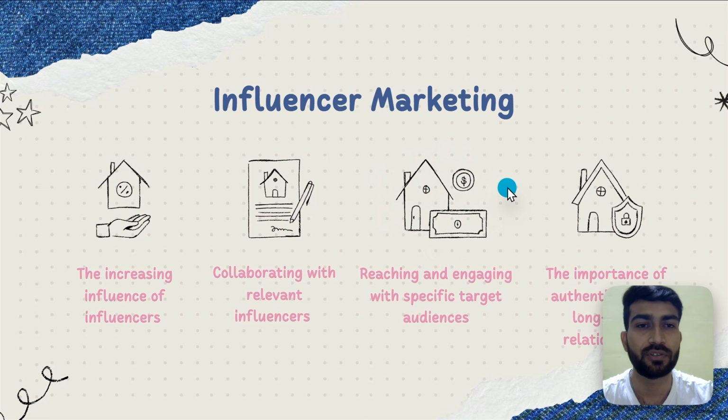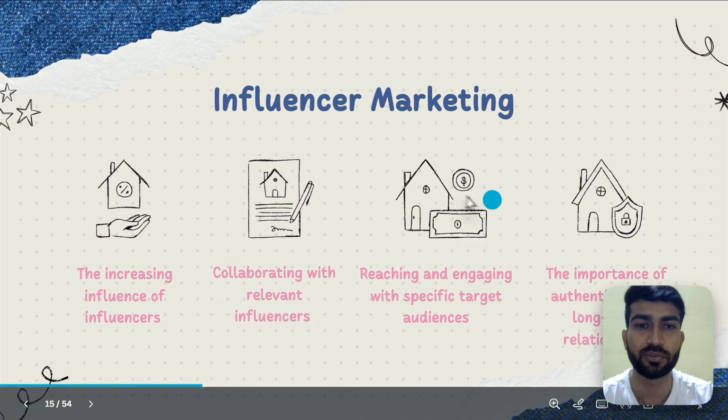For example, if you look at TV commercials, when there is a gym product, like protein or sports shoes, they will target a celebrity who is a good bodybuilder, like John Abraham, right? Why? Because there are some similarities in that niche. So that celebrity is a little bit similar. That is what we mean by collaborating with a relevant influencer. That is very important, so we need to choose wisely.